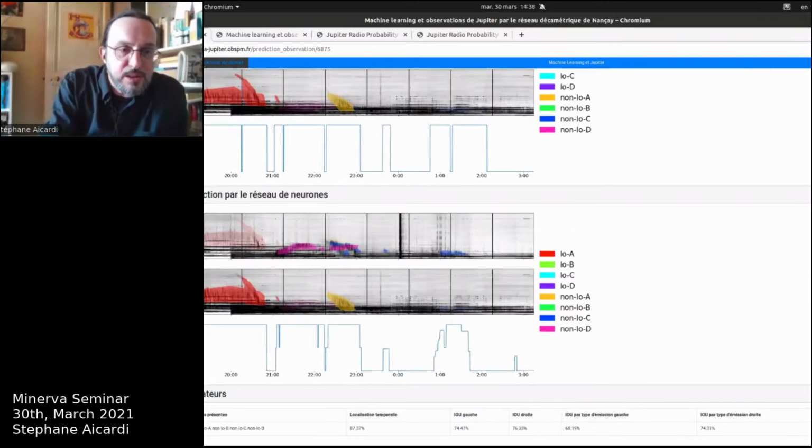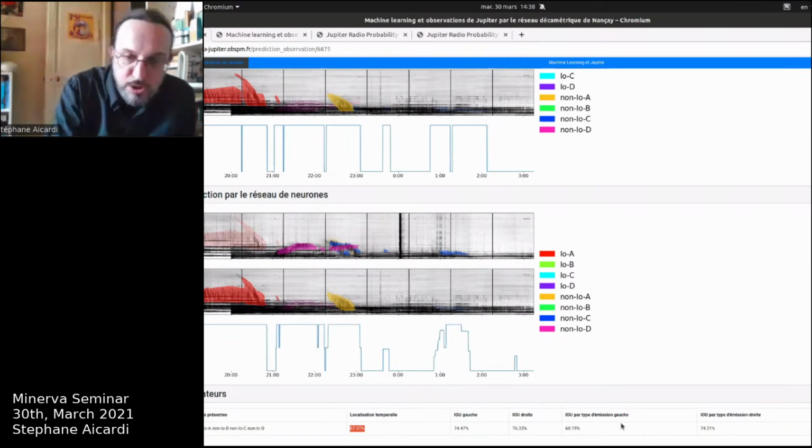And I get the list of emissions that were detected, and if the temporal localization is correct, and here the IOU is calculated without the background, so only on the emissions.